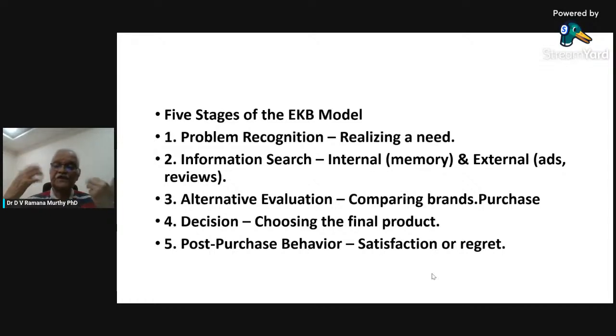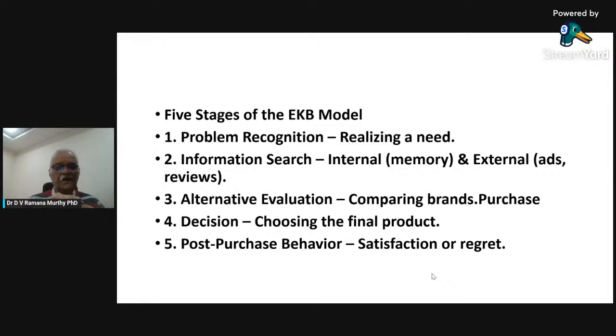Should I go for the new Redmi, or shift to some Samsung Galaxy model? So this is internal, based on my memory, giving this problem, that problem. Then of course I'm influenced by external advertisements of both companies, and of course reviews as well.